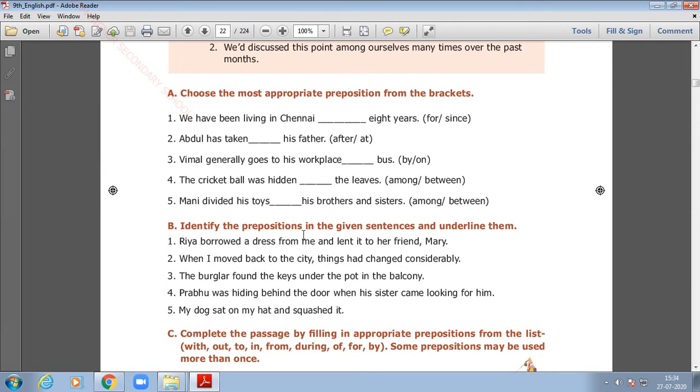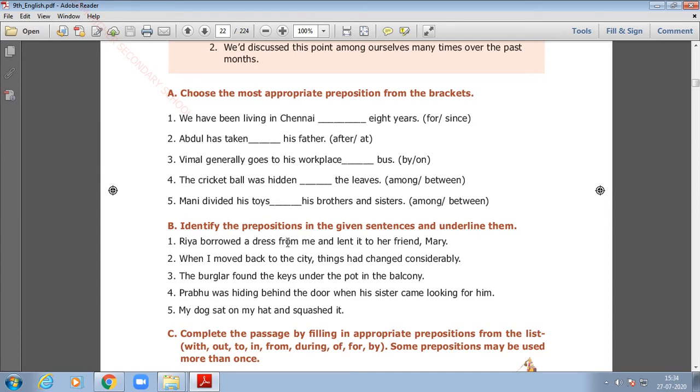What is a preposition? Preposition is a word placed before a noun or a pronoun. Okay, and Ria is a noun here and me is a pronoun here, and this is the subject and this is the object. Now you have a word placed before the pronoun. I think you can easily identify the preposition here.